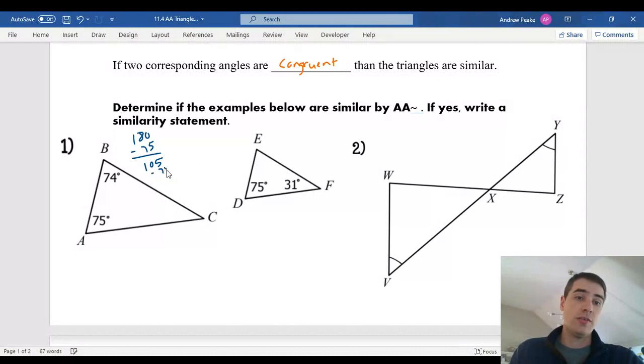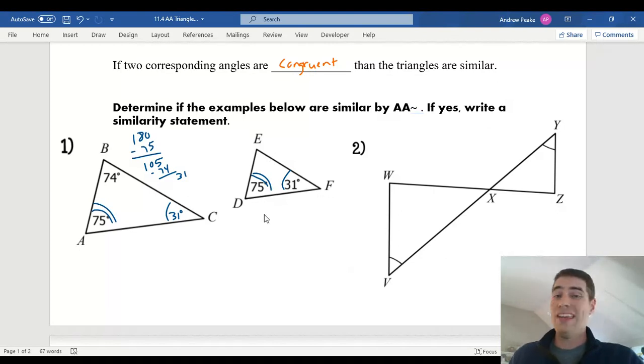I'd take away the 74. That gives me 31, I believe. Yep, so I got 31 degrees, which works out because I have 31, 31, and then I have the other 75, 75. So I could stop there. I know this last triangle is going to have 74 as well. All I need is just two angles.